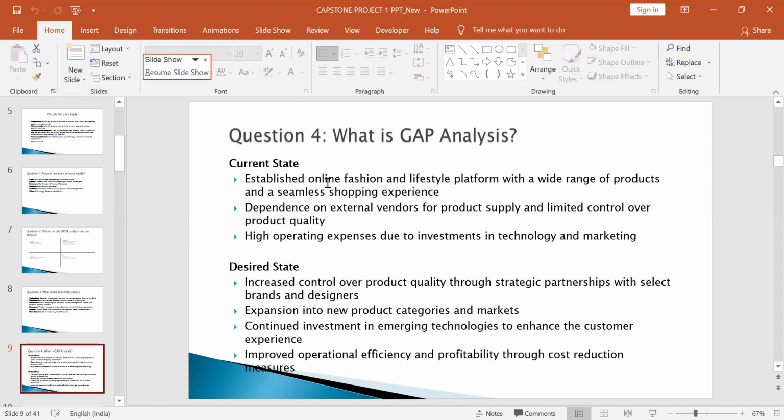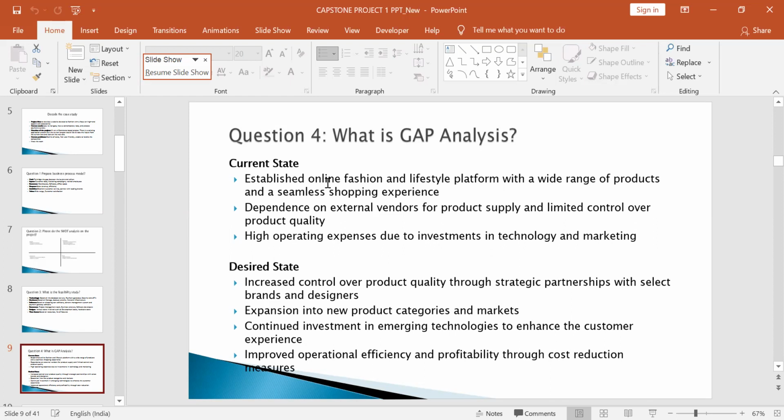It's a limited control over the product quality. It's a high operating expense due to investment in technology and marketing. So you have to analyze the current state in the organization or in the project. And the next, the desired state, like increasing control over product quality through strategic partnerships with select brands and designers.